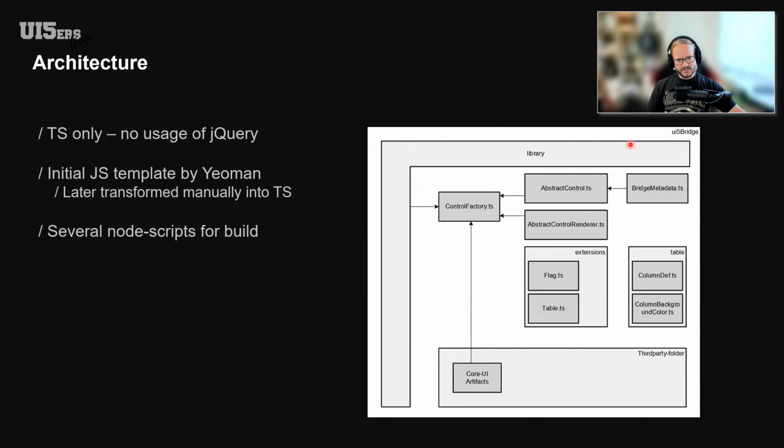And in a diagram, it's quite simple. The library is quite slim. Our main module is our control factory that is triggered during loading the library. As mentioned before, we have our third-party library, which contains all core UI artifacts. I will come to that later.